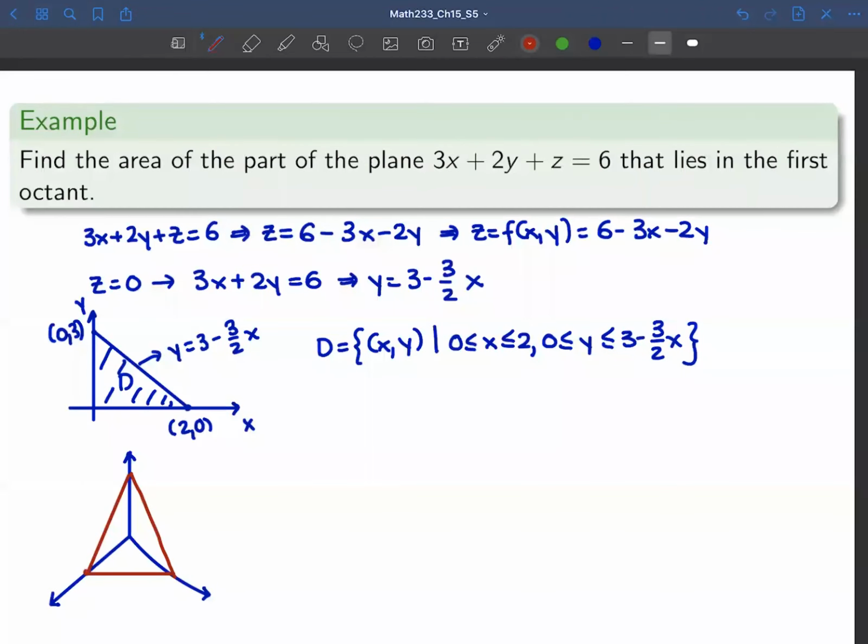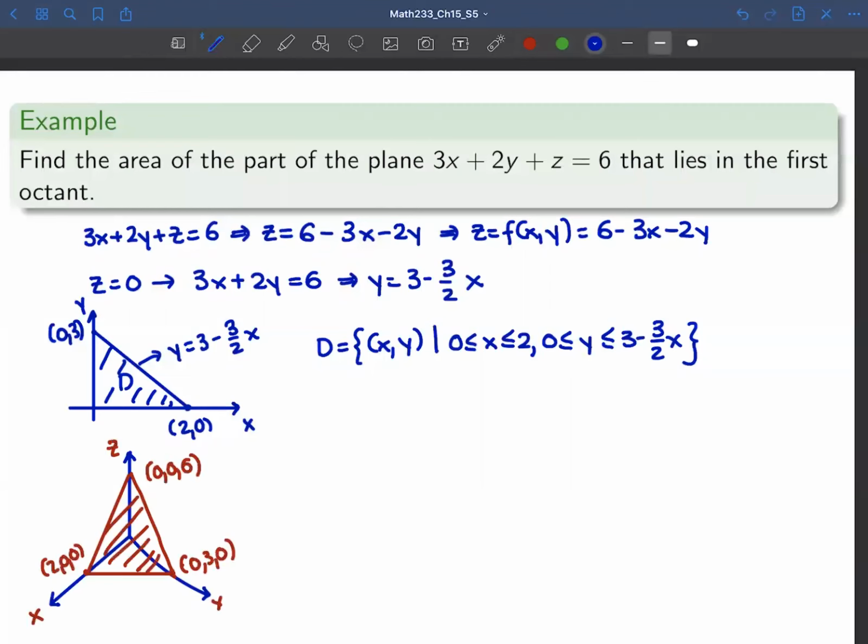Here we have the point 2, 0, 0 on the x-axis, on the y-axis we have the point 0, 3, 0, and on the z-axis we have the point 0, 0, 6. So essentially we need to find the area of this triangle that lies in the first octant.